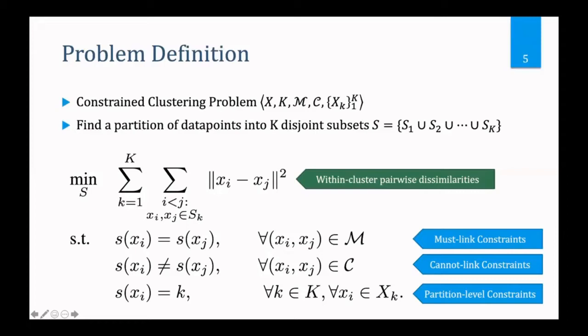The goal is to find a partition of the data points into k disjoint subsets S1 to Sk that minimizes the within-cluster pairwise dissimilarities while satisfying the must-link constraints, the cannot-link constraints, and the partition-level constraints.